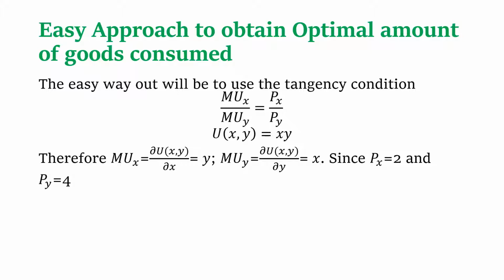Now let's look at the easy approach. As I said earlier, all we need to do is to get the tangency condition, which is MUx over MUy equals Px over Py. MUx is the derivative of the utility function with respect to x.